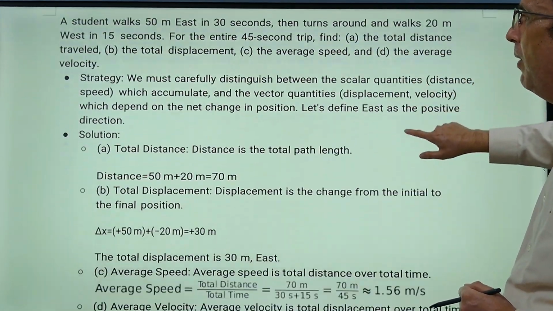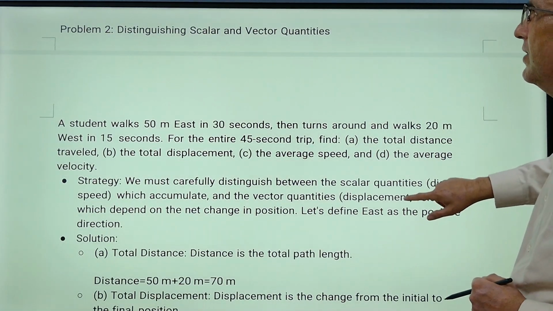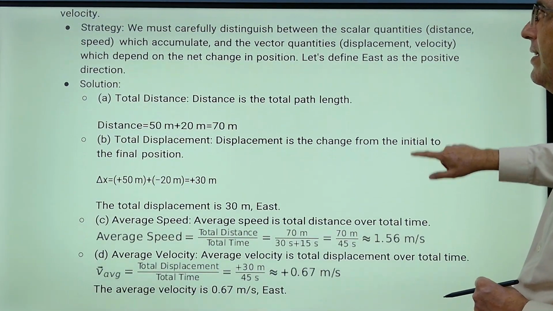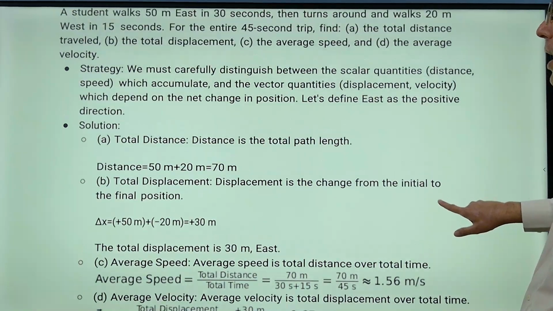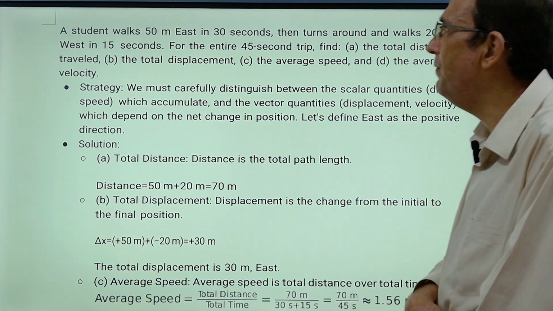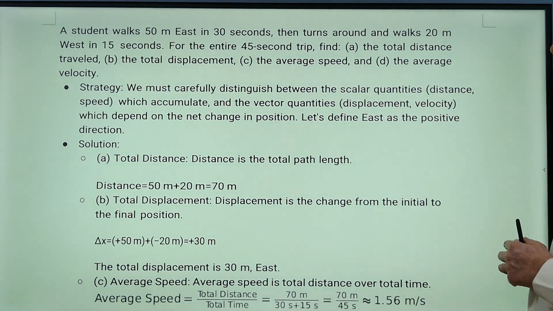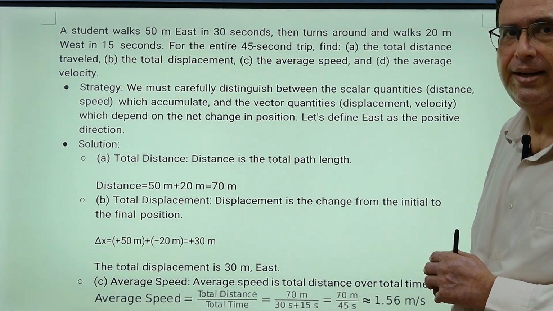Then something about scalar and vector quantities. Let us say the same problem we are talking about now. A student walks 50 meters east in 30 seconds and turns around and walks 20 meters west in 15 seconds.